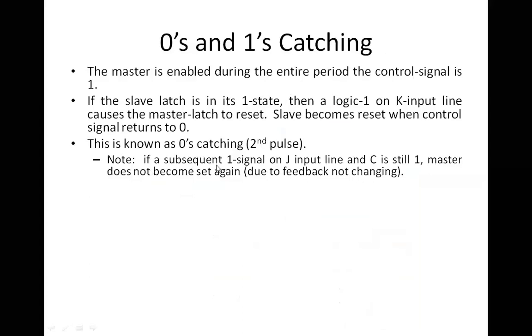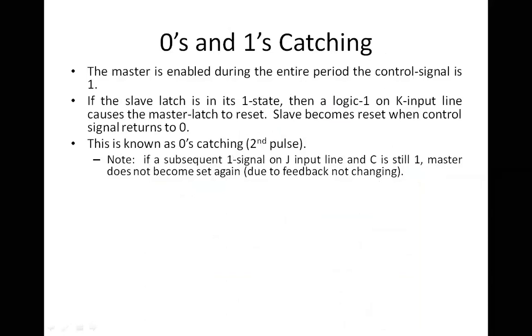If a subsequent 1 signal on J input line and C is still 1, then master does not become set again due to the feedback not changing. Which means the same state is continued if J is equal to 1, because previously it was in high state.